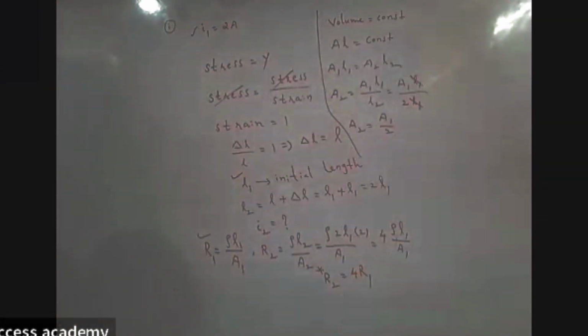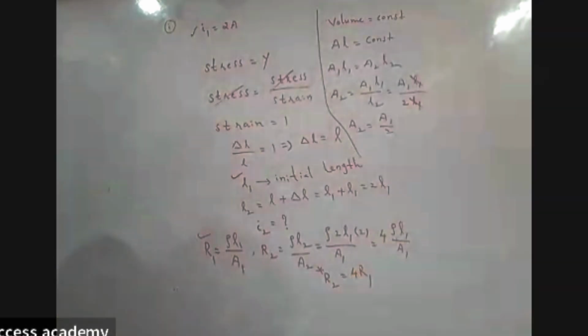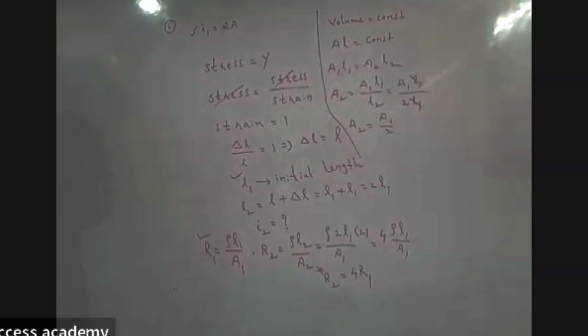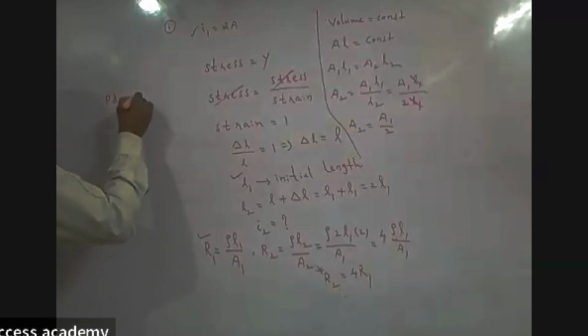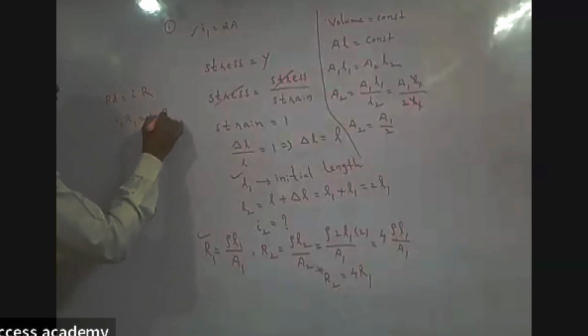Now, the same battery is connected. Same battery is nothing but the potential difference is the same. So the potential difference is V. Now V is equal to IR. It means I1 R1 is equal to I2 R2.